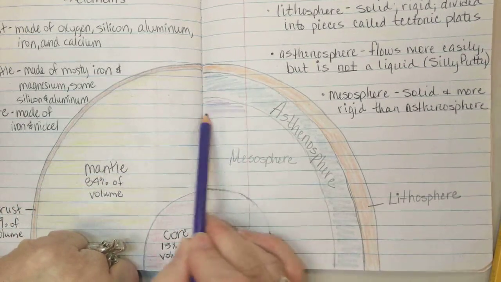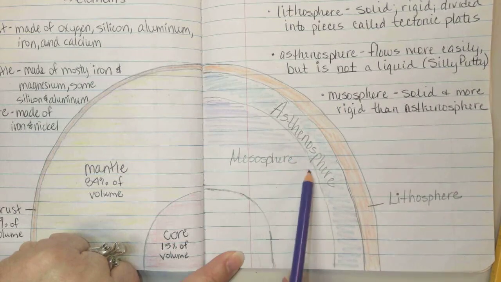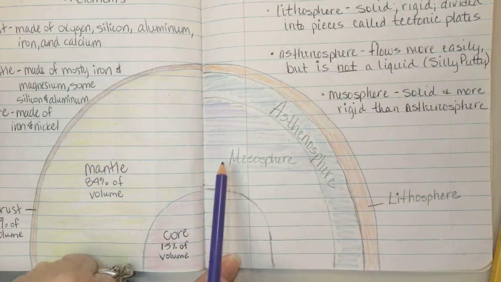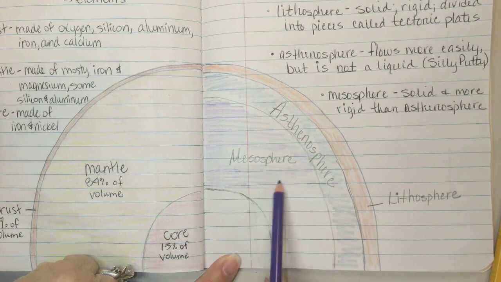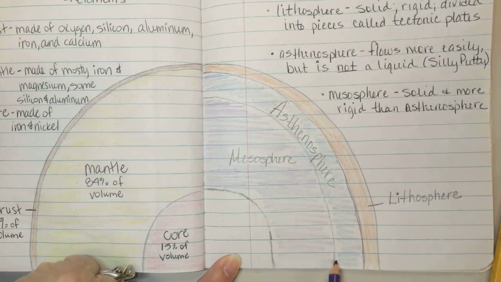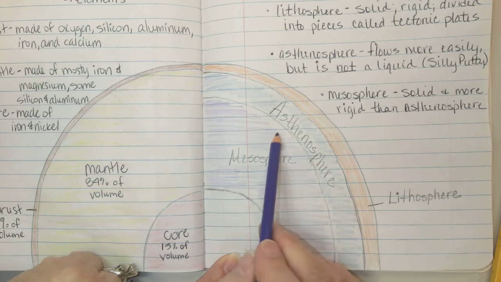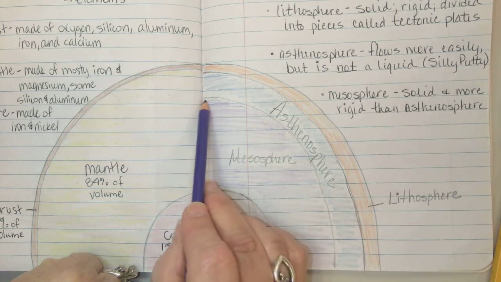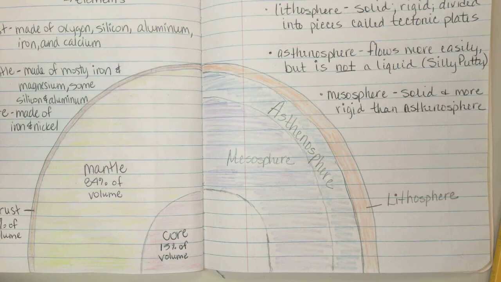And the mesosphere, again, is solid. It's the lower part of the mantle. It's more rigid than the asthenosphere. Then we've got the outer core.